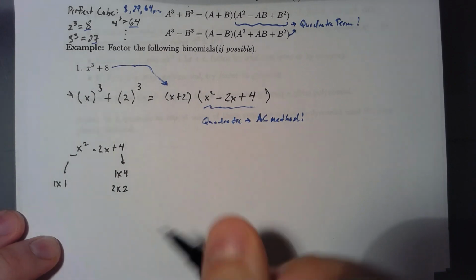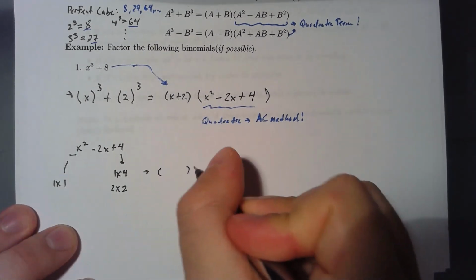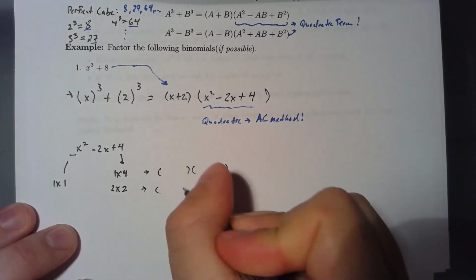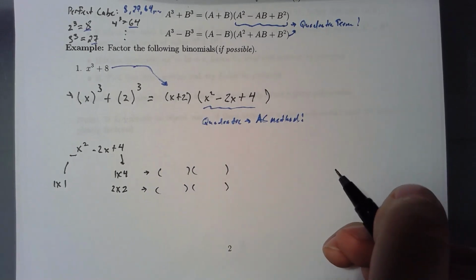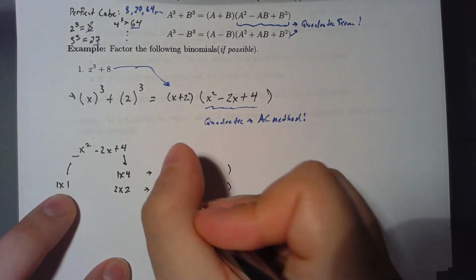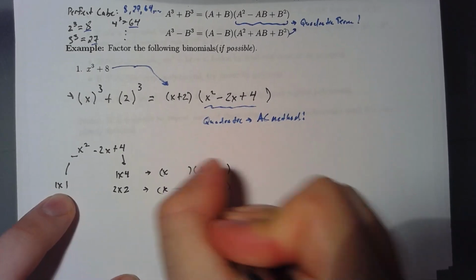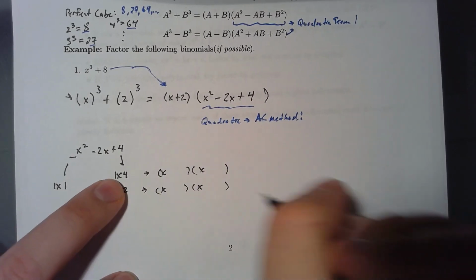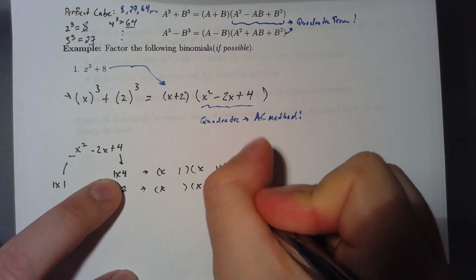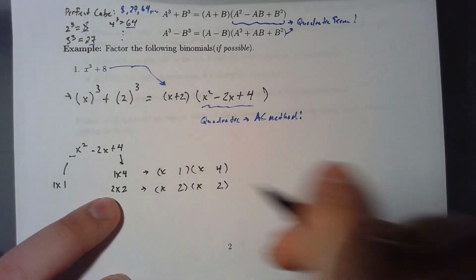I could just write one of them. So this is x and x in both cases, 1 and 4, and 2 and 2.